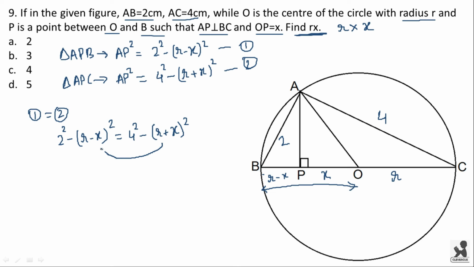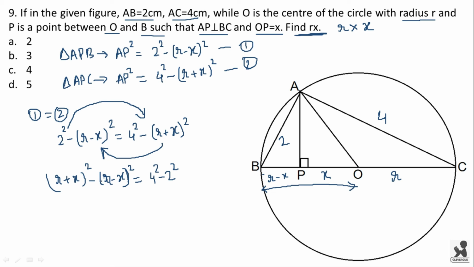Now by sending (R plus X) whole square to the left hand side and bringing 2 square to the right hand side, we have (R plus X) whole square minus (R minus X) whole square equal to 4 square minus 2 square. So here on both sides we have a square minus b square format. A square minus b square is equal to (a plus b) into (a minus b).